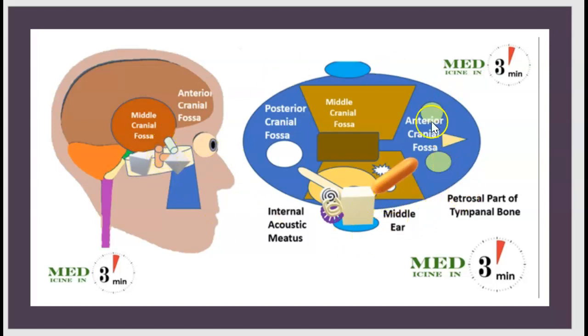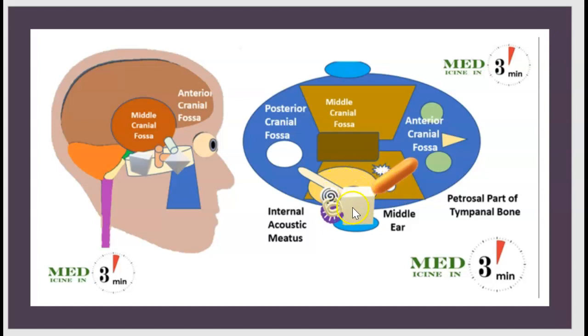From the cranial view, we recognize the internal acoustic meatus connecting the brainstem to the middle ear, and from the anterior, we recognize the Eustachian tube. Here is the foramen lacerum and near it the foramen ovale.